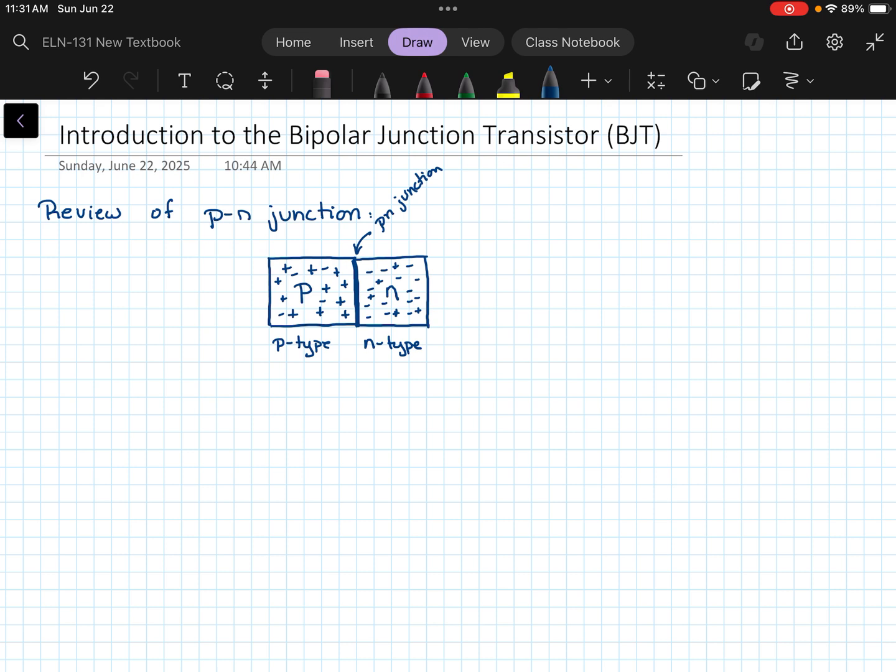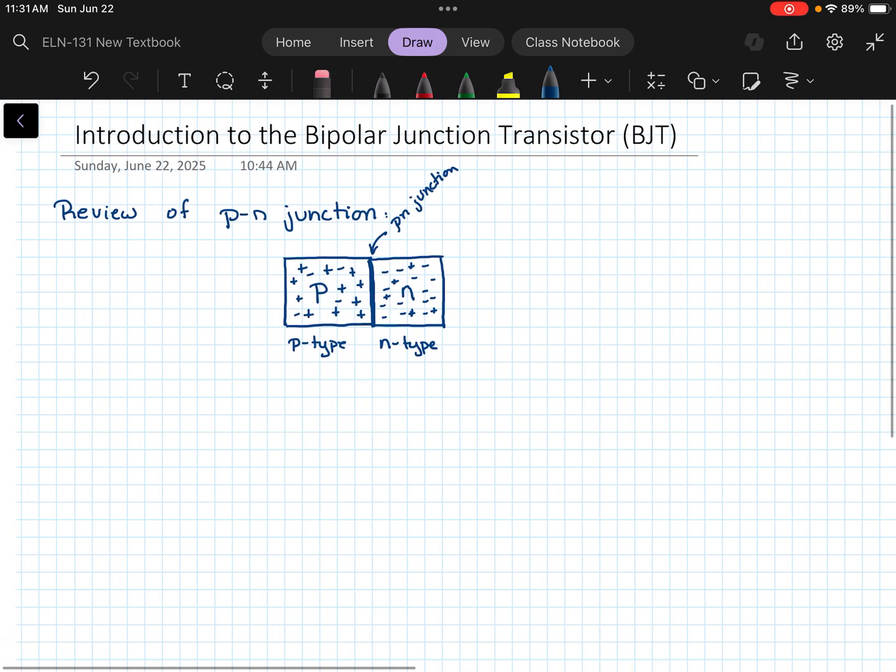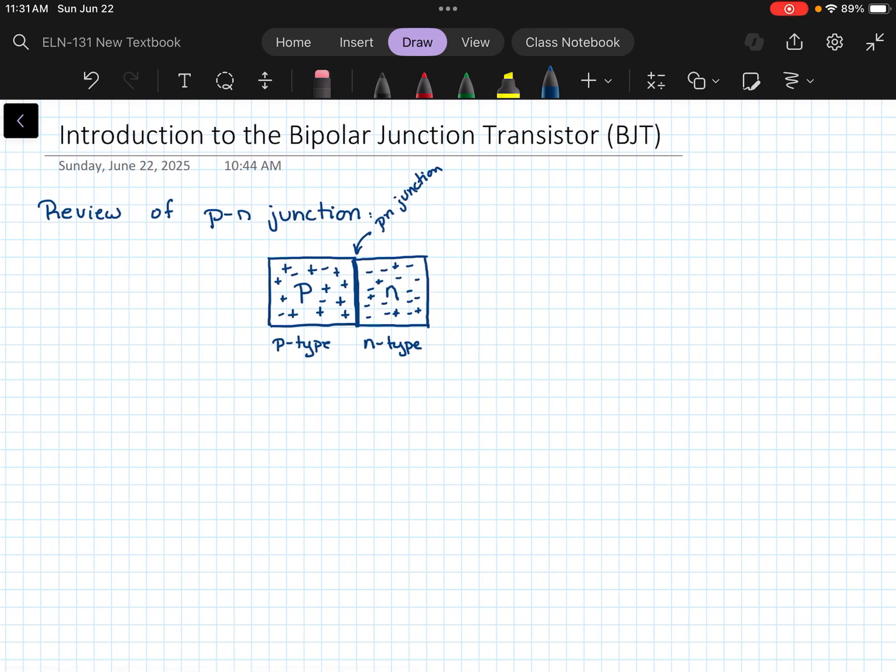Okay, so as you might have learned, the current through this device would depend upon the external circuit.